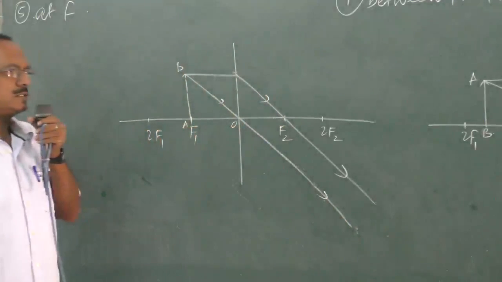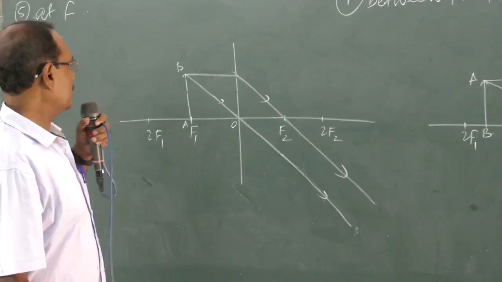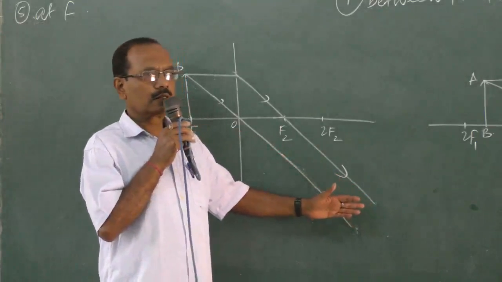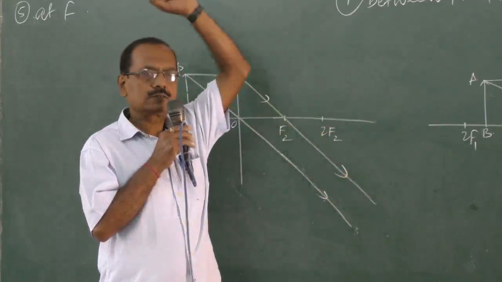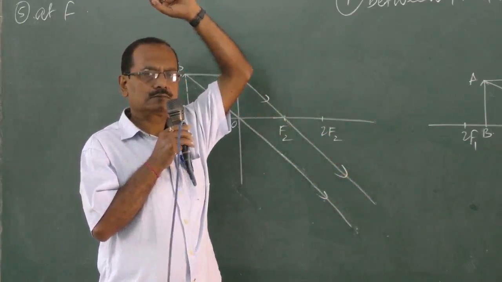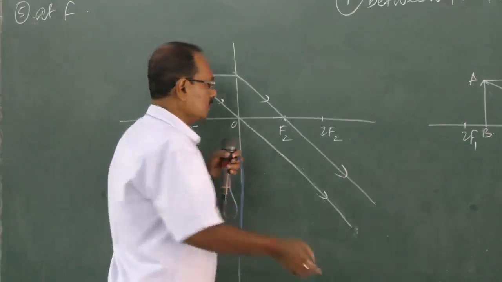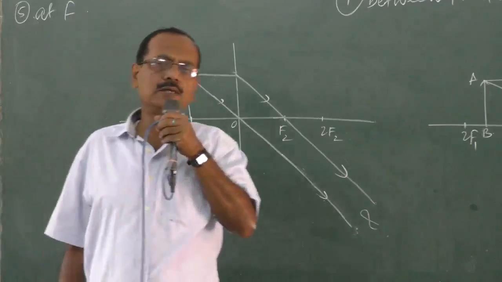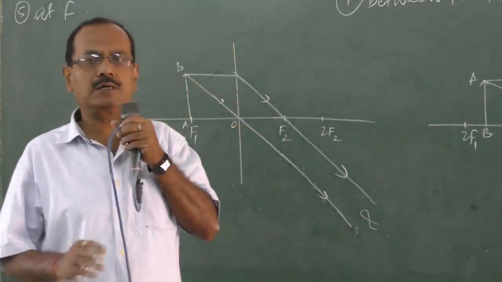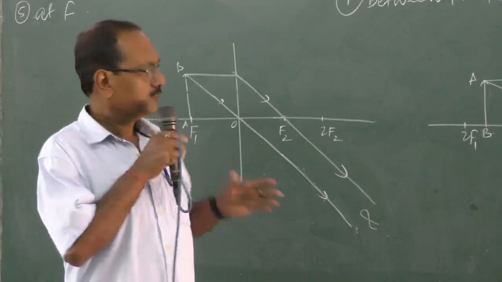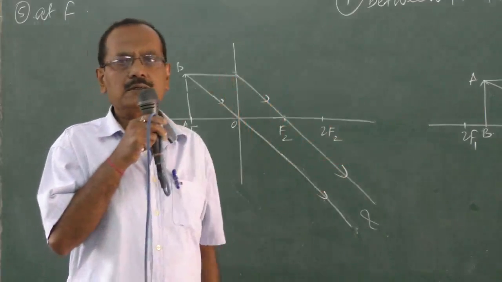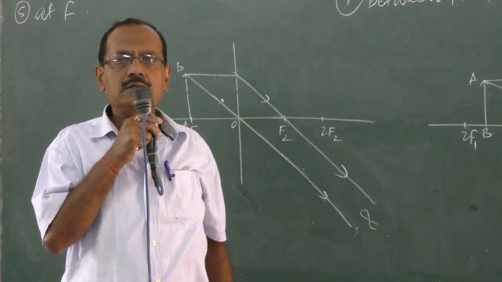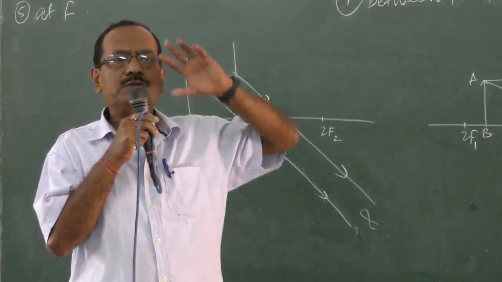Now, in this case, the rays after refraction will appear parallel. They will appear to meet at infinity. Again here what happened? The image is real, inverted, formed at infinity, but the image will be so large that it will not be captured by our eye.